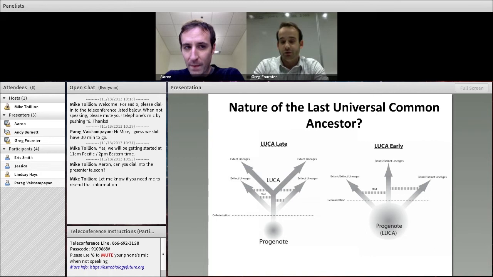And LUCA was just one of many distinct cellular lineages that just happened to be the ancestor of lineages that exist today. As opposed to a feature on the right, where LUCA actually is a pre-Darwinian, pre-genote state, much more closer to what we would call the origin of life itself. And the major lineages that we observe, bacteria or archaea or even eukaryotes, would have independently diverged from this pre-Darwinian state.